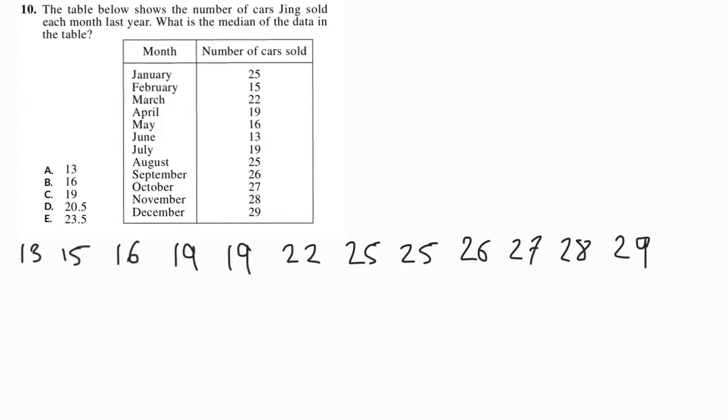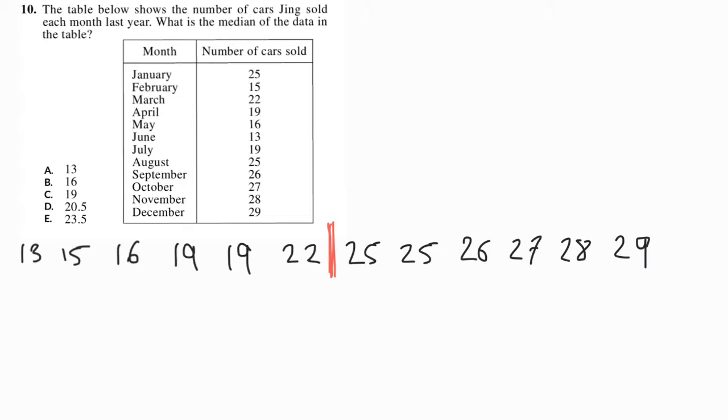Yep. All right. So when we look for the median, we're looking for the middle value. So we want to split these 12 numbers into two groups. So we have 1, 2, 3, 4, 5, 6 on this side, and 1, 2, 3, 4, 5, 6 on the right side.